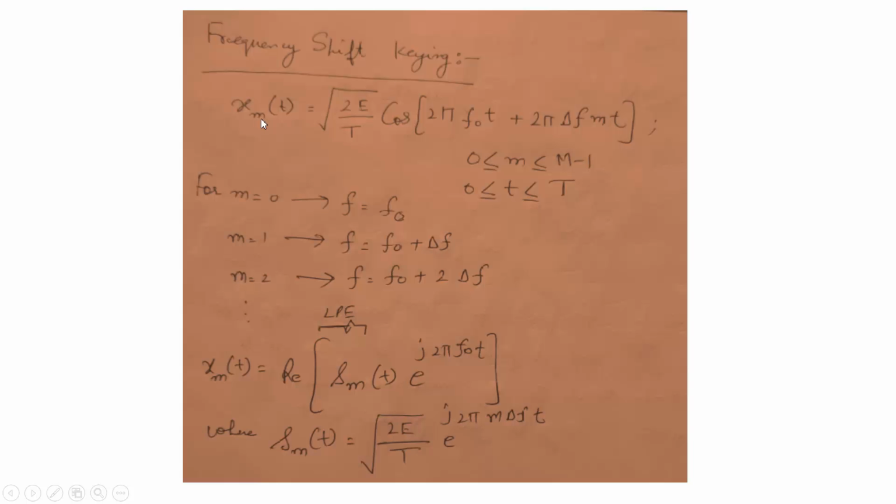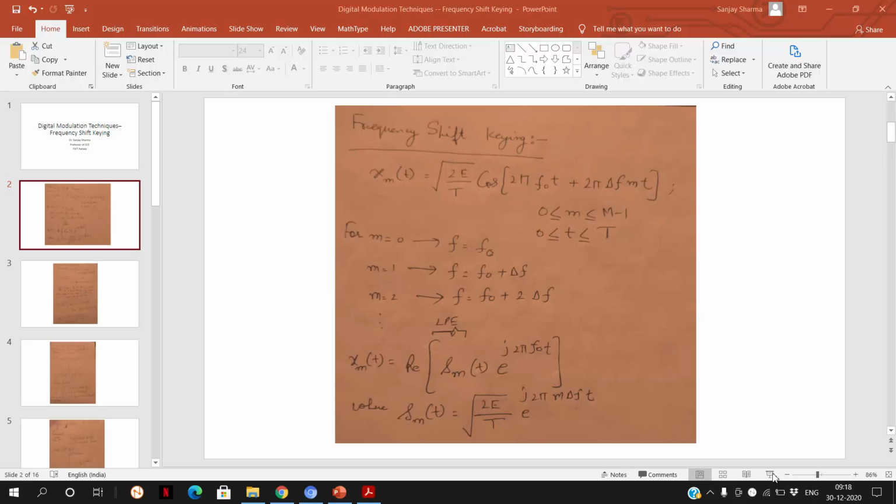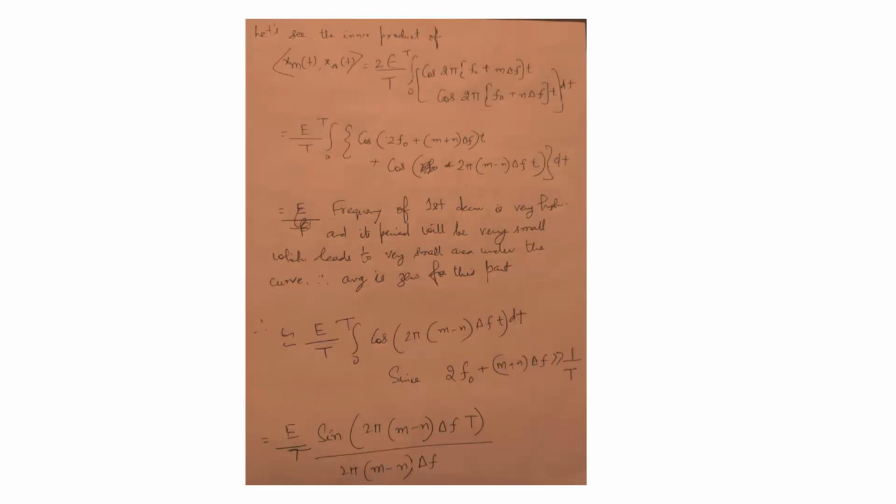Now let's see the inner product, because we have this modulated signal, right? Now let us look at the inner product of the two different signals corresponding to different m and n.